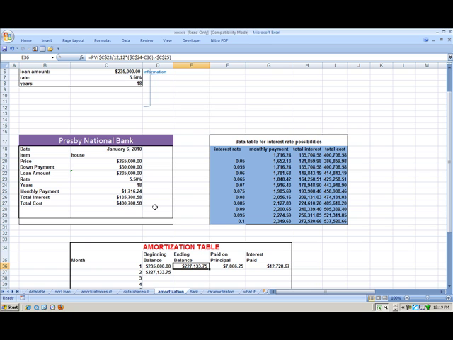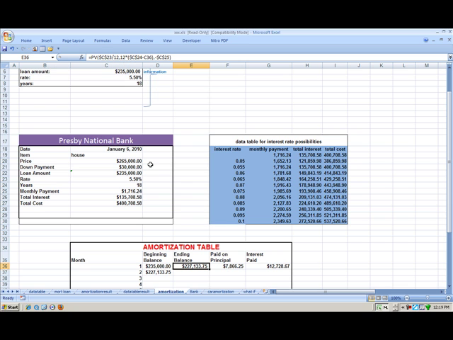For example, the present value function demonstrates how much one owes at the end of each year. And the syntax of the formula is present value, as we see over here.